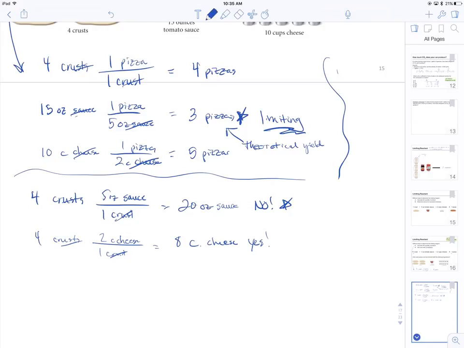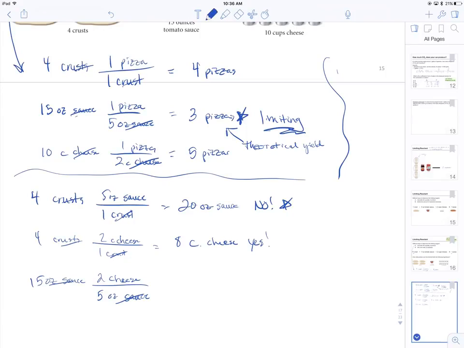So we know that I'm only going to need to use 6 cups of cheese, right? Because I'm only going to be able to use 15 ounces of sauce. So I take that limiting reactant, and it's 5 ounces of sauce per 2 cups of cheese.